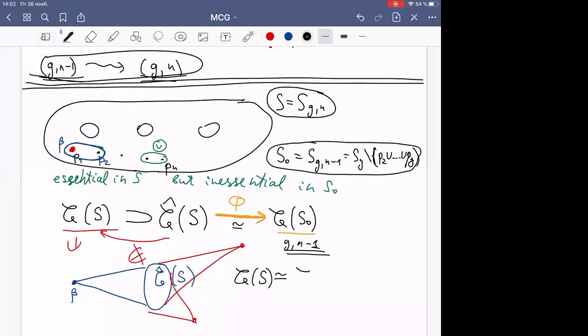We take infinitely many cones with the same base C hat and glue them along the common base. In other words, this is the join of C hat of S with infinitely many points.